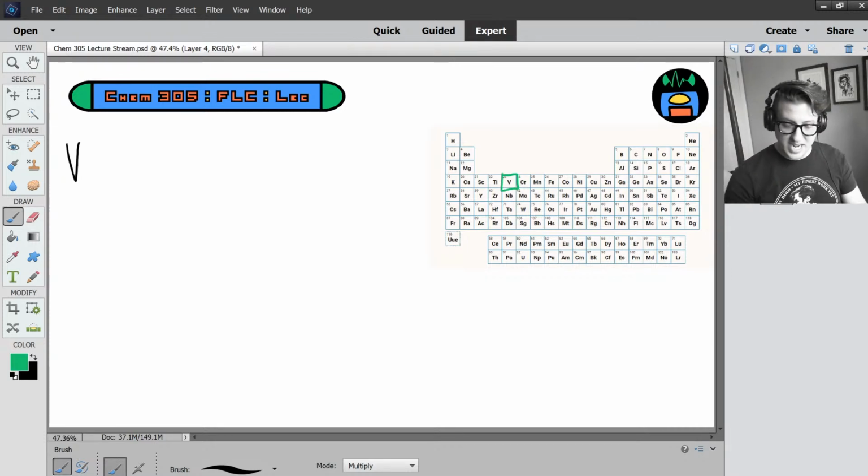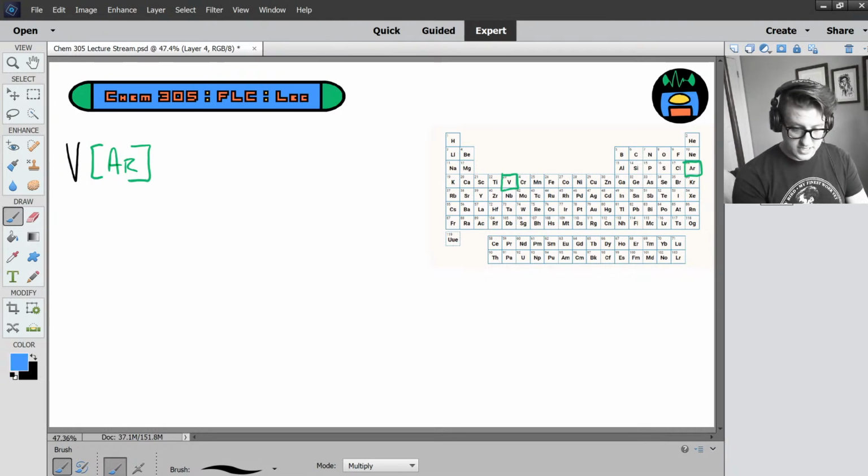Okay, so vanadium is number 23 if you haven't located it yet on your periodic table. Its nearest noble gas with fewer electrons is argon. So we are going to use argon for our noble gas abbreviation. All right, so that is step 1 and step 2.